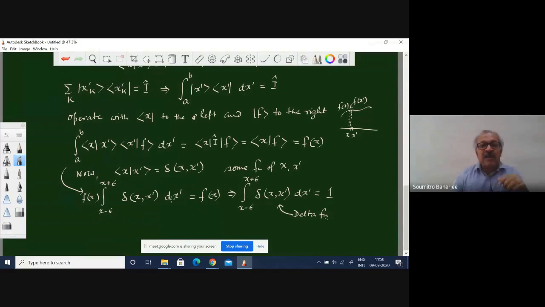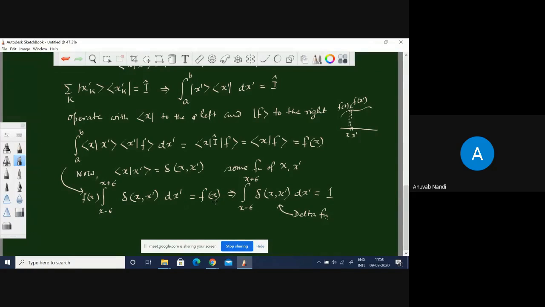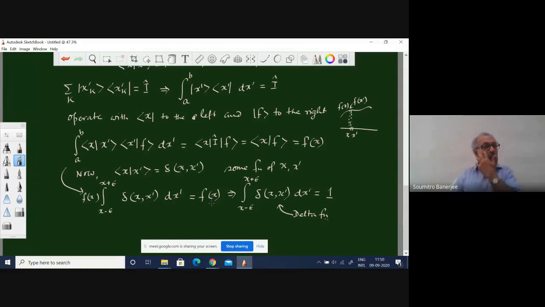So the way we took it out is to say that it can, for all practical purposes, be said to be the same as f(x) rather than f(x prime). So we can take it out, leaving the rest, and then the rest has to be 1, because the right hand side has to be f(x). Okay, sir, got it. Got it? Yeah.